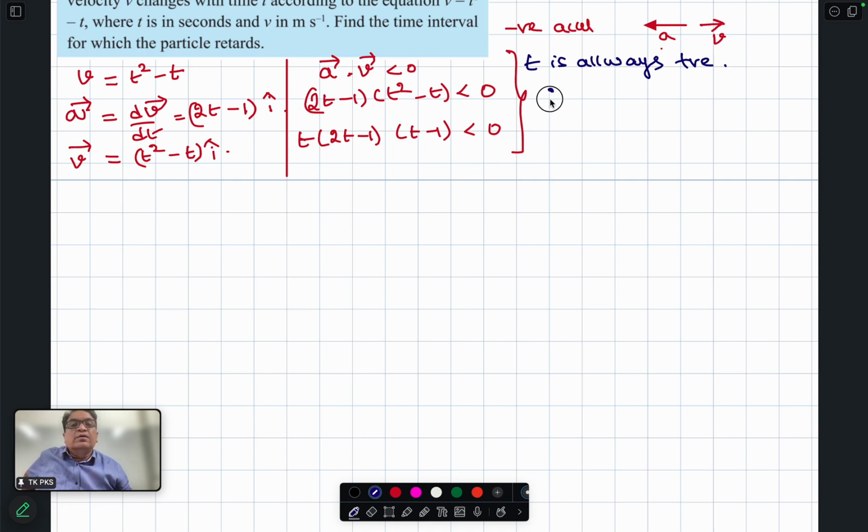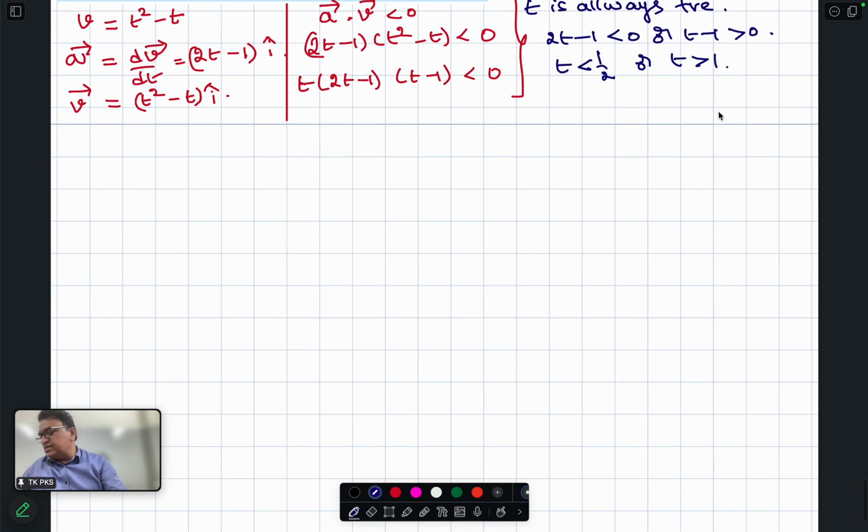Either 2t minus 1 less than 0 and t minus 1 greater than 0, something has to happen. So t must be less than half and t must be greater than 1.